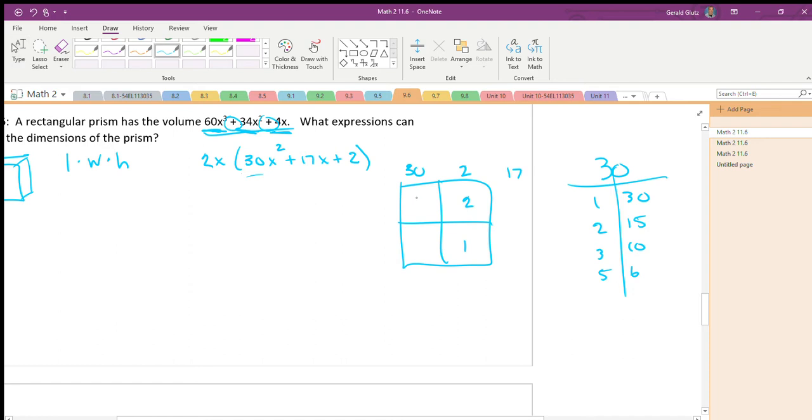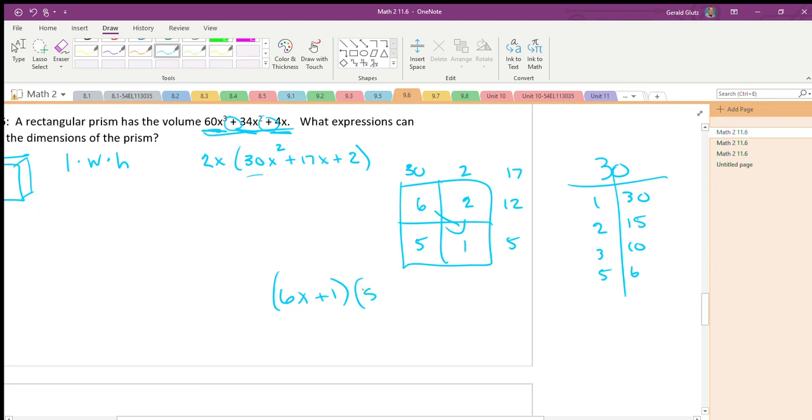So let's try 6 and 5. So 6 times 2 is 12. 5 times 1 is 5. So 12 plus 5 is 17. So that means all the numbers are correct inside of the box. So I take the top left multiplied times x, add its diagonal, so 6x plus 1.